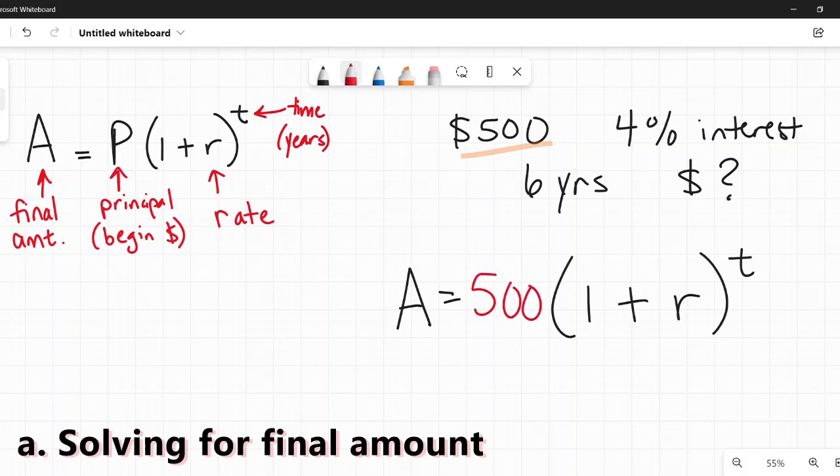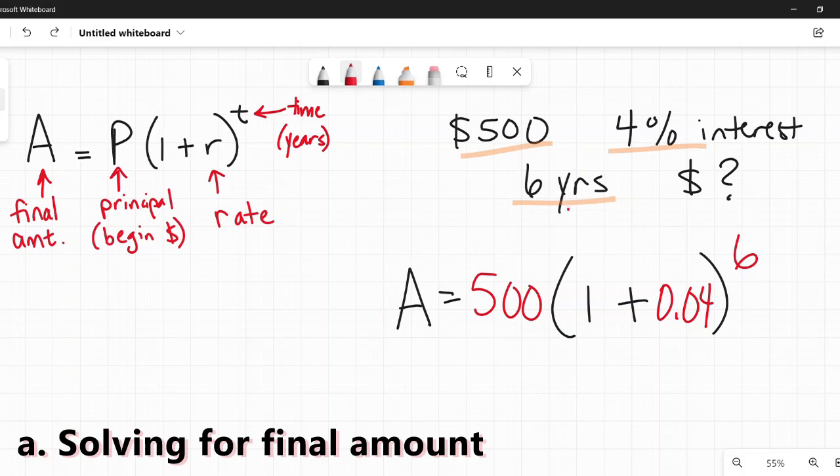I'm told that this makes, again, what savings account does this? 4% interest. That is my rate, 0.04. T is our number of years. Are we given that? Yes, we are. We're told it's 6 years. So I'm going to put in 6. And the question is, what is the final amount? Hey, that's our only variable left, A.